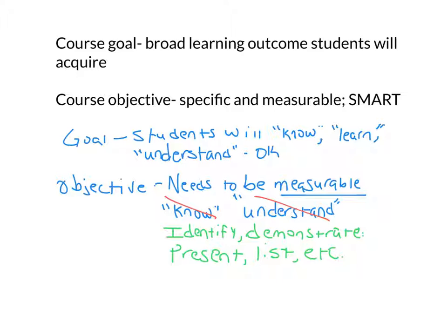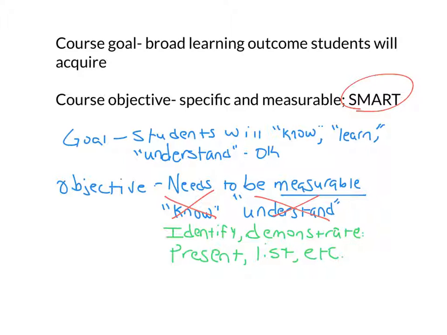Objectives, on the other hand, need to be measurable, like the SMART objectives we talked about. But you can't use words like know or understand in an objective unless you clarify how you will know that they know that, because inherently I don't know that somebody knows something. They have to do something or say something or accomplish something that lets me know they have that knowledge.